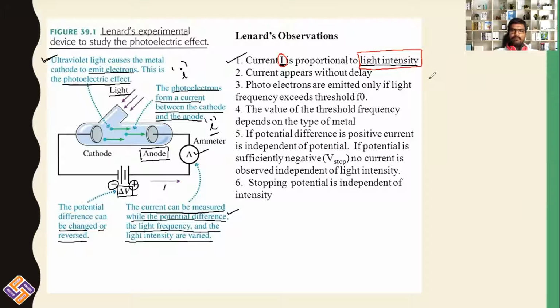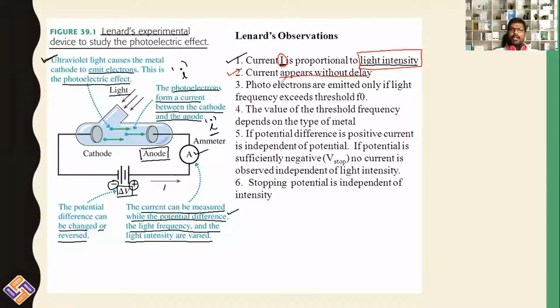Number two is that current appears without delay. Immediately when you provide potential difference, at the same instant current comes in the circuit. So there is no delay in the current.